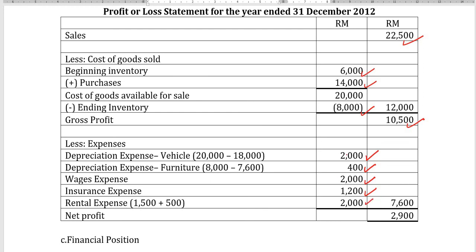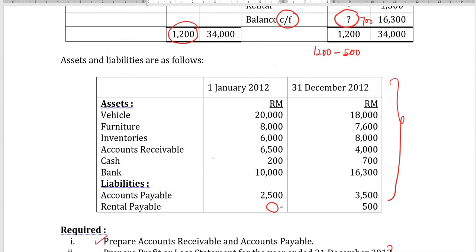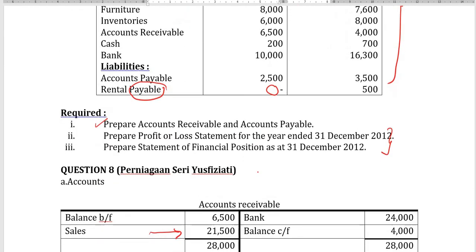You tak buat account tadi. Okay, you go back to the question. Okay, rental is payable kan? Okay, so beginning balance is 0, ending balance is 500.